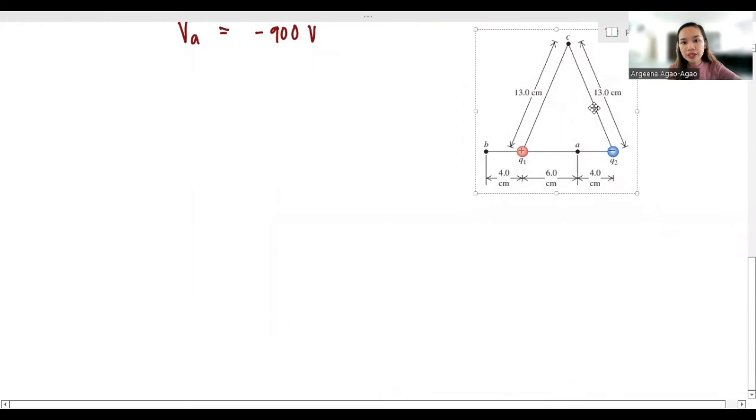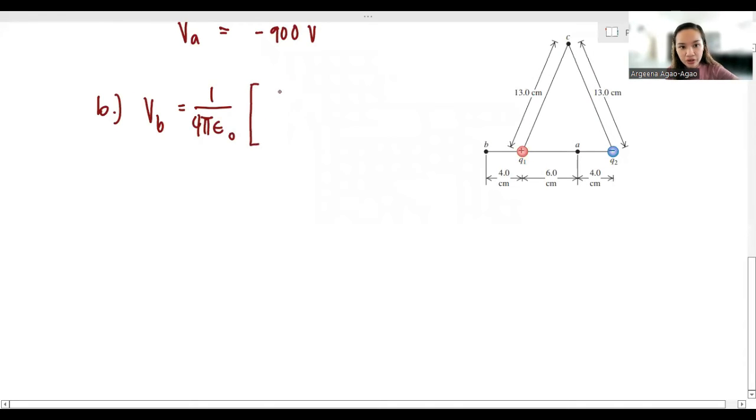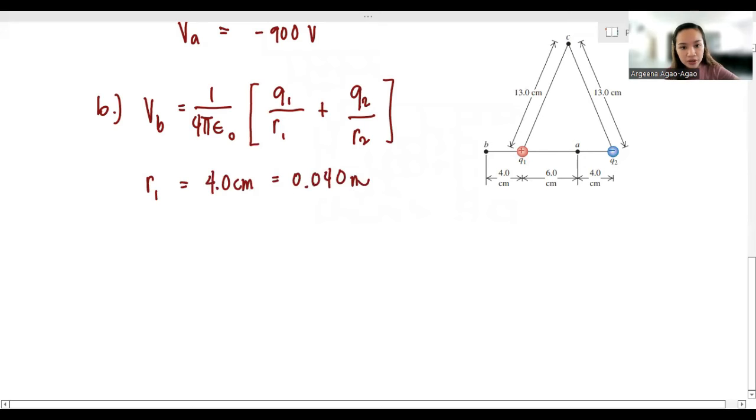Now at point B, we will still do the same process. V sub B is equal to 1 over 4 pi epsilon naught times the summation of Q1 over R1 plus Q2 over R2. So in this case, our R1, or the distance of Q1 from point B, is 4.0 cm or 0.040 meters.